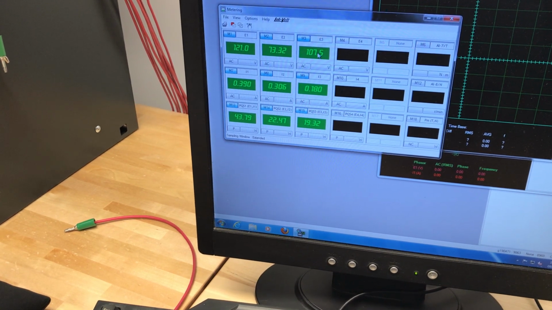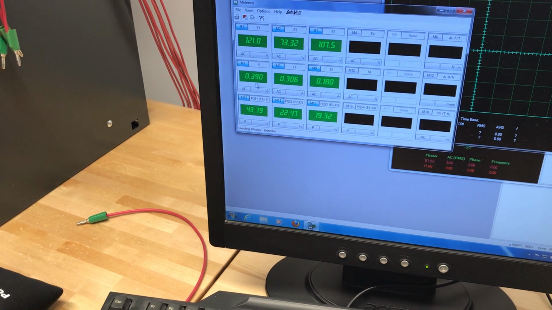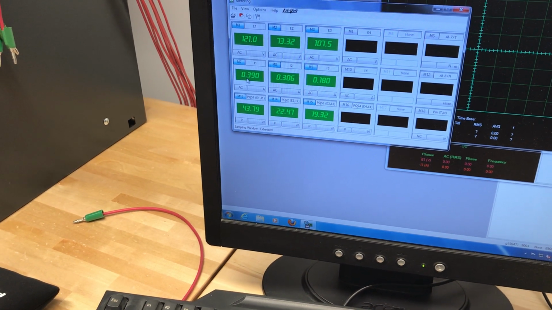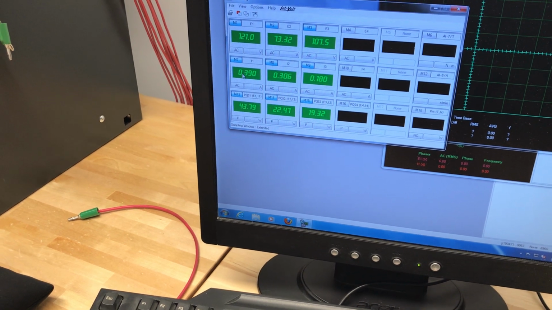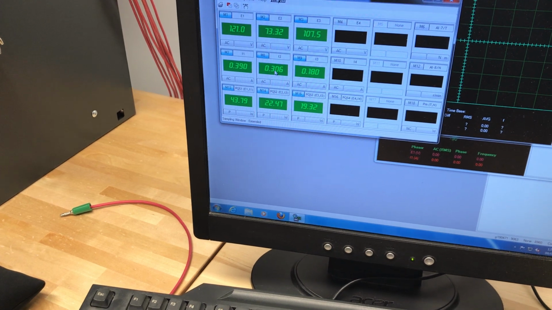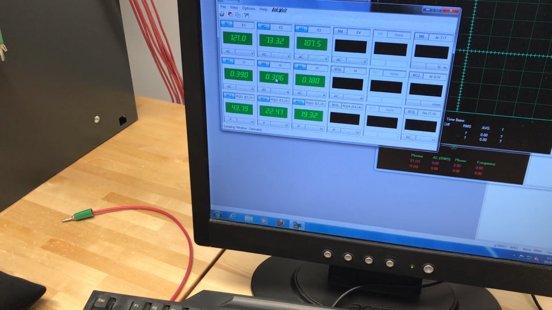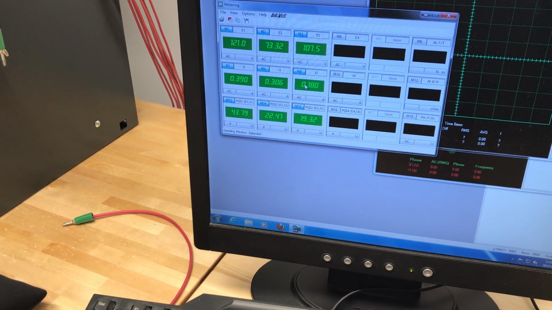So its voltage is 107.5. And these are the currents. This is the current going from the supply to the 2 parallel branches, RC and RL. And I2 is measuring the current in the RL branch, and I3 is measuring the current in the RC branch.